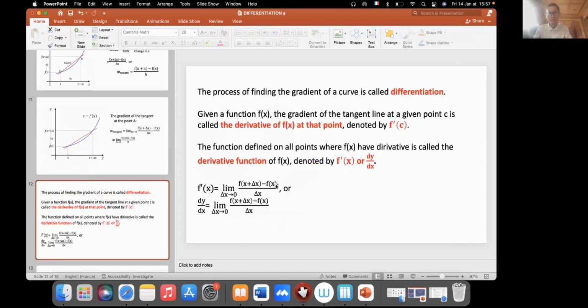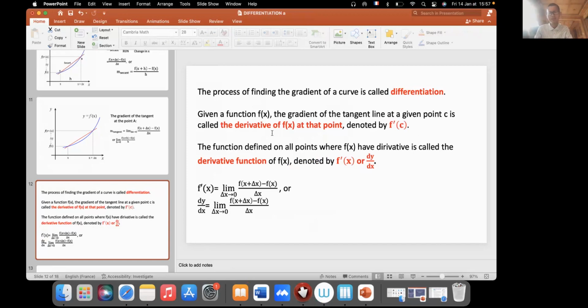So the two steps are called differentiation. Now, if we calculate differentiation at a fixed point, then we get the derivative at that point. In this case, it's called the derivative of f of x at that point, denoted by f prime of c.